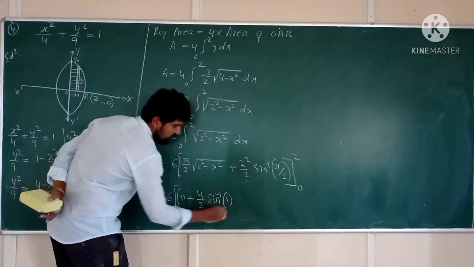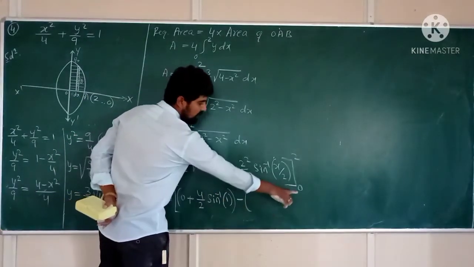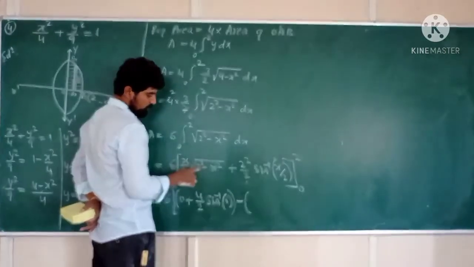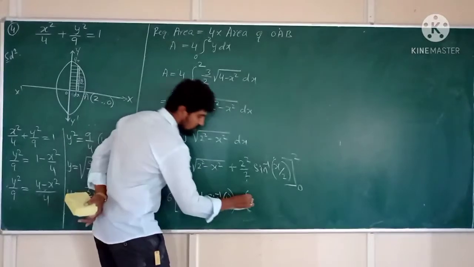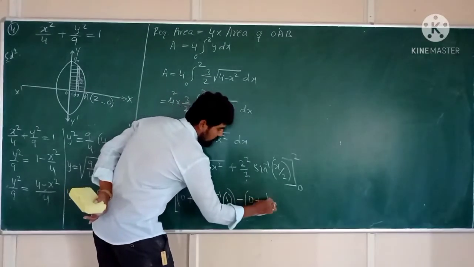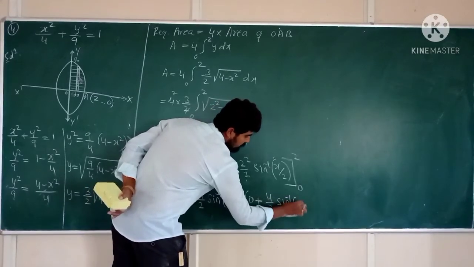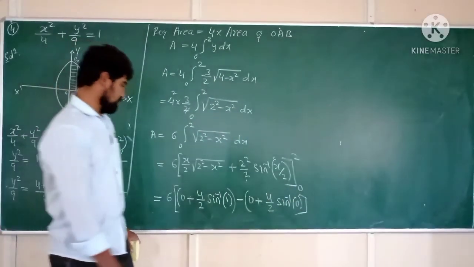Minus the lower limit, which is 0. 0 by 2 is 0. 0 into the square root of 2 square minus 0 square is 0. So 0 into anything is 0. Plus 2 square is 4 by 2 into sin inverse of 0 by 2, which is 0. I hope all of you understand.